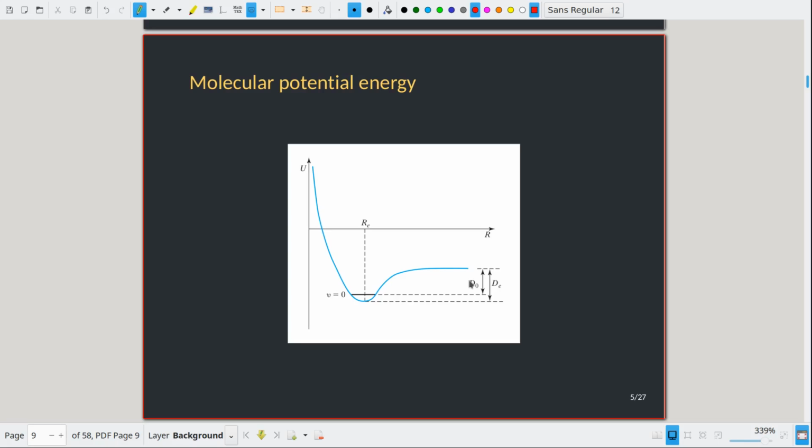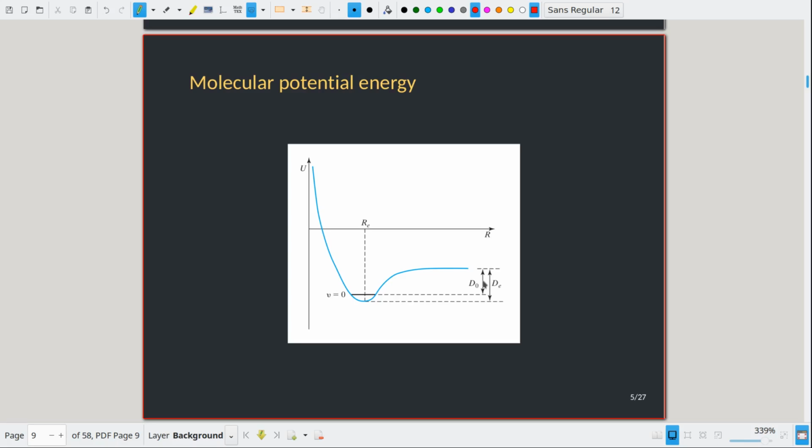If we take into account nuclear motion as well as electronic motion, then there will be a difference between the dissociation energy, which is this value here found at the minimum of the potential energy, and the energy of the system in its ground state, because we've got this vibrational zero-point energy in the ground state, which is indicated by that D naught there.